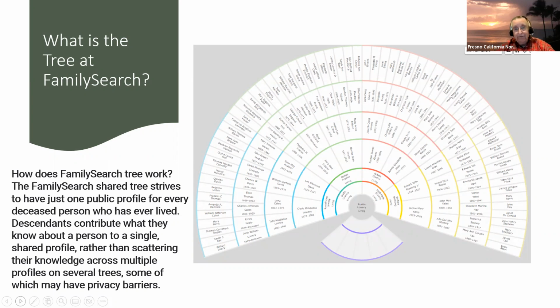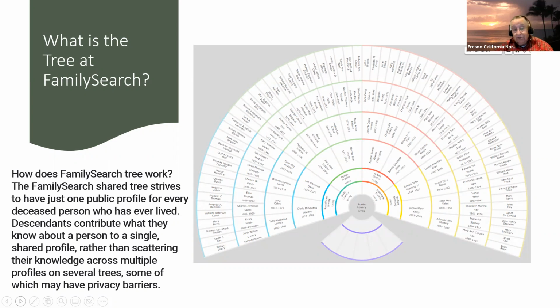Now, because of privacy, there's multitudes of duplicates in the living people, but that's because of the way the tree is structured. You and I have to have multiple copies of ourselves so that everybody in the family can actually see us. And we'll talk about that.